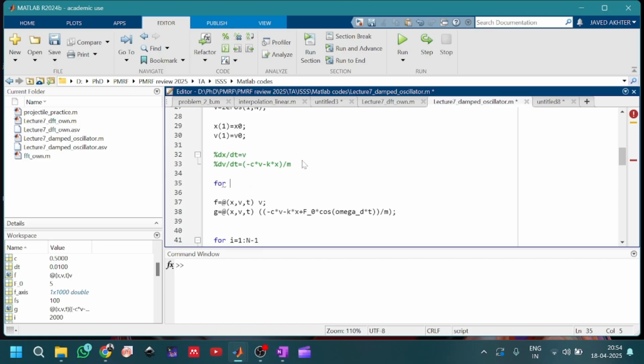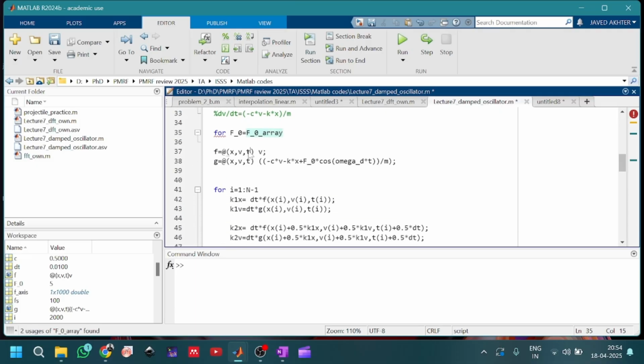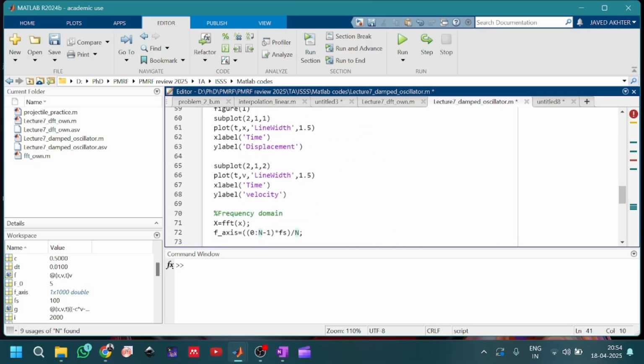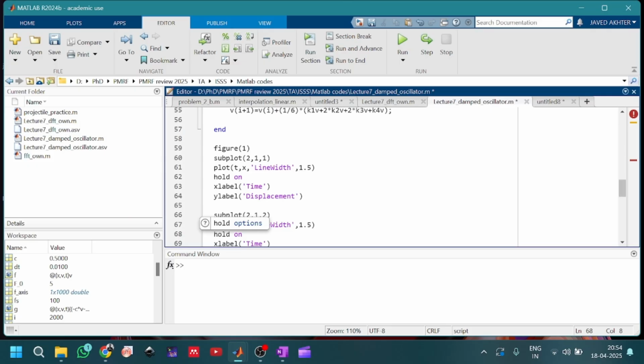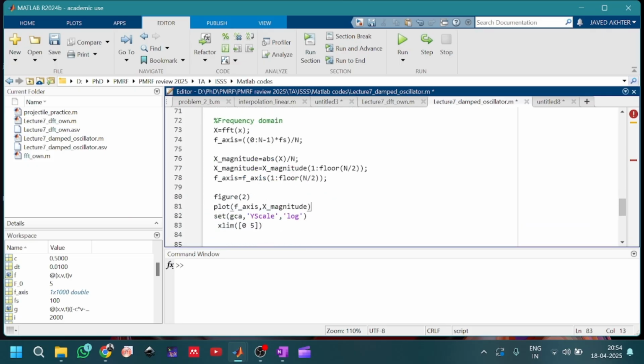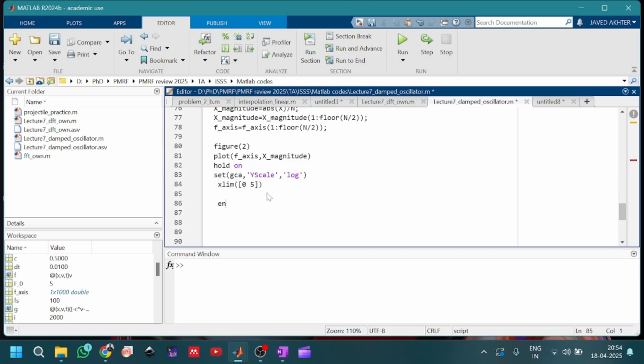So for f0 equal to the f0 array, f will take points from here, then it will define the function, calculate this, and plot, so we can write here hold on, insert hold on here also, and we can end it. So run.